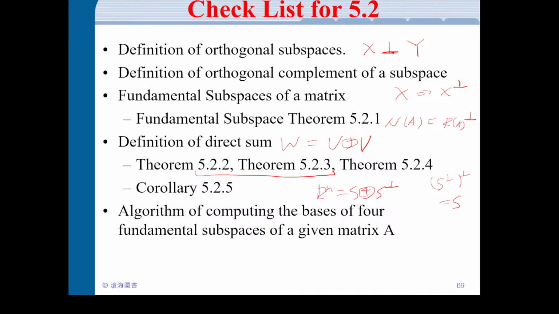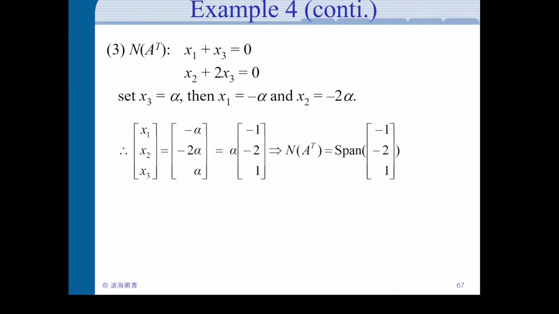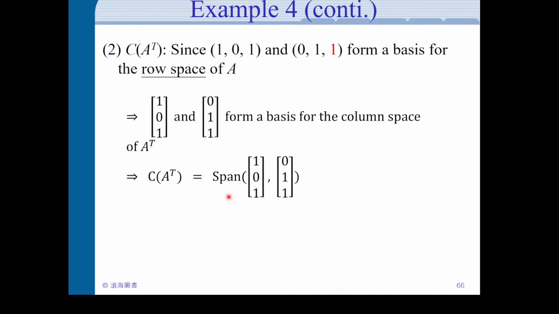So this is a two-sided relation. You take the orthogonal complement again, you get back to your original space, and so your original space is the orthogonal complement of your complement.